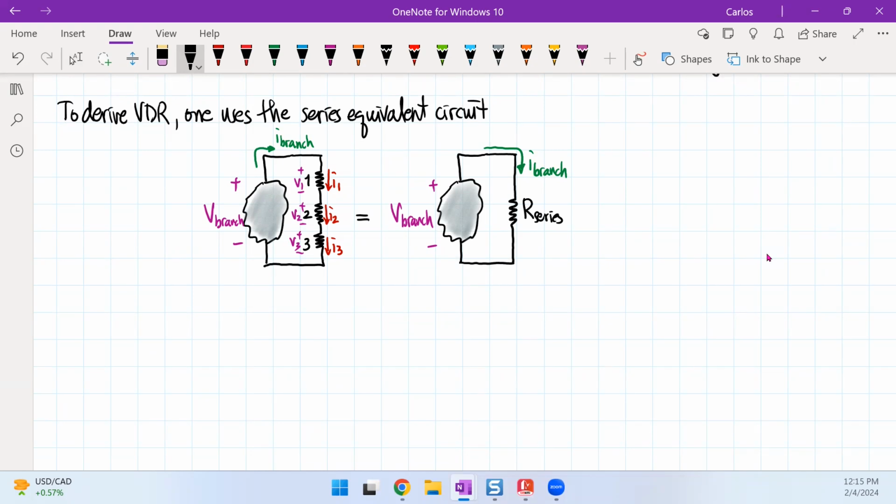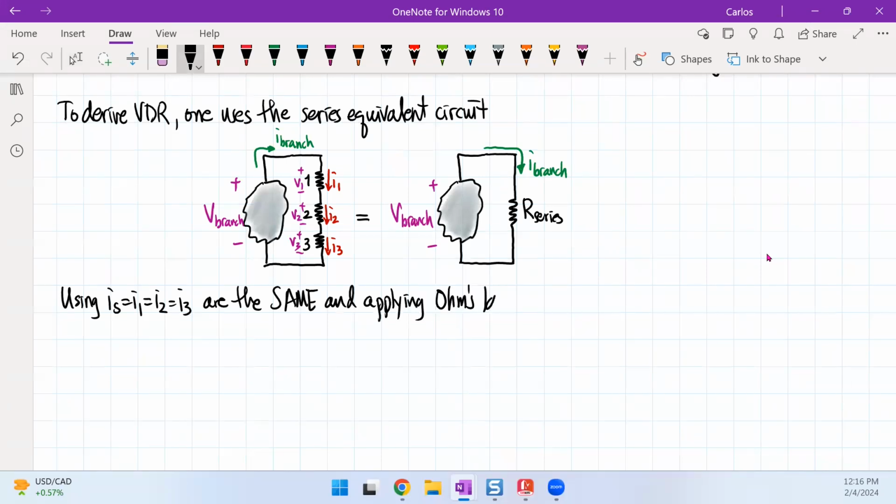So now let's apply the behavior of the current in Ohm's law. So then, using that I source and all of these currents are the same, and applying Ohm's law, here's what we find.